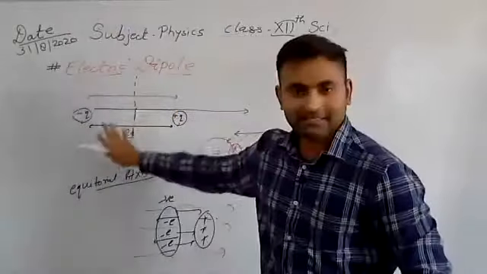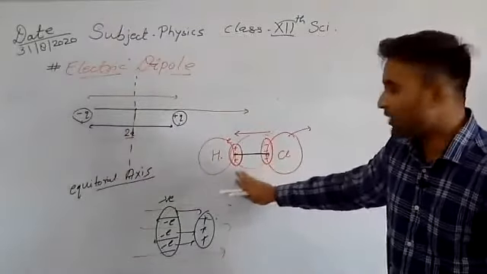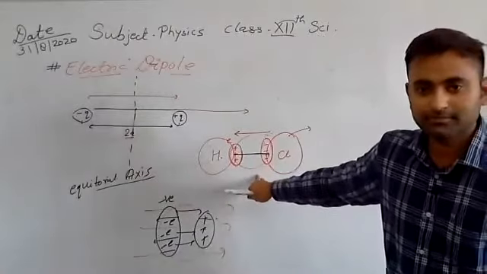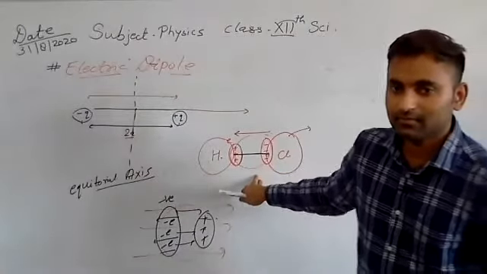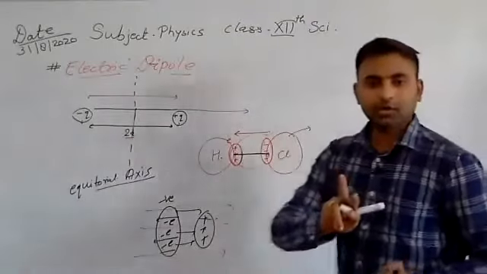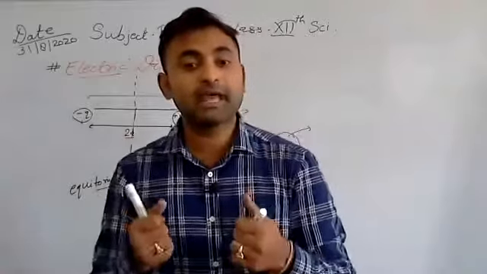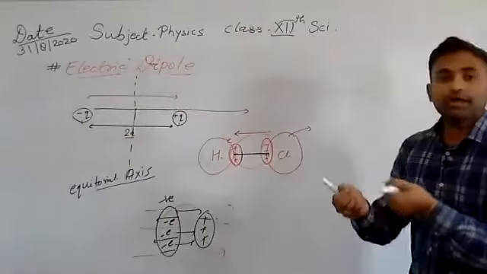You know what an electric dipole is? Do I need to repeat how HCl became a dipole? Okay. Hydrogen has 1 electron. Chlorine has maximum electronegativity, which means chlorine has the tendency to attract the electron.